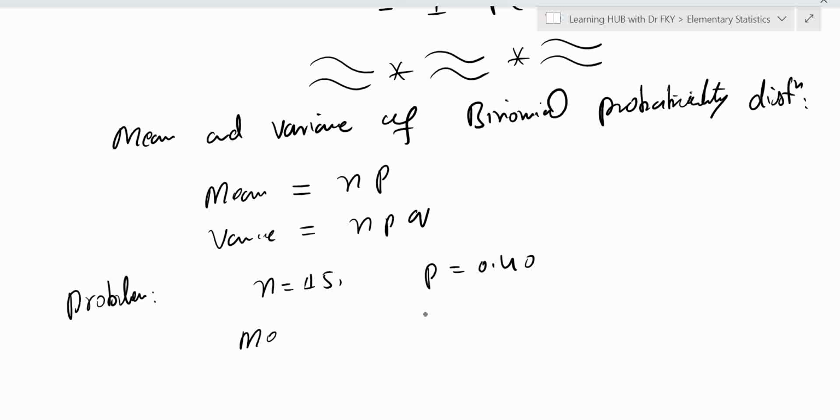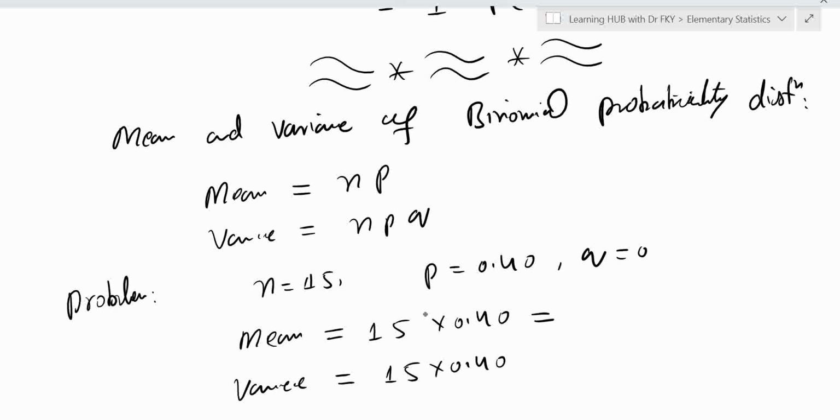So the mean of this distribution, that is, the mean number of successes, is n multiplied by 0.40. You can calculate this, and the variance is equal to 15 times 0.40, where q is equal to 0.60, multiplied by 0.60.